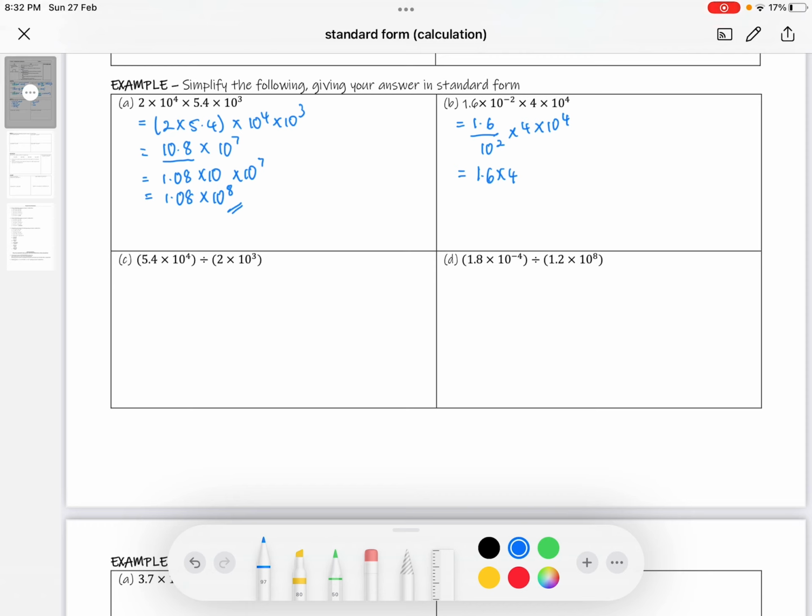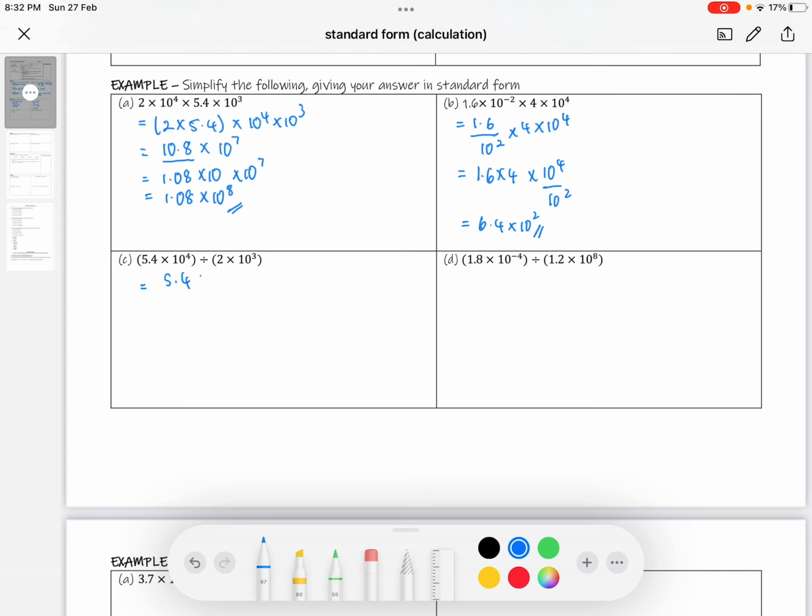The non-index part I multiply, and the index part I simplify. So 1.6 times 4 is 6.4 times 10 to the power of 2.